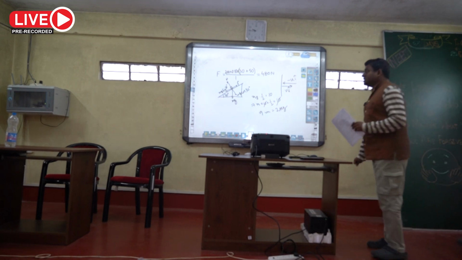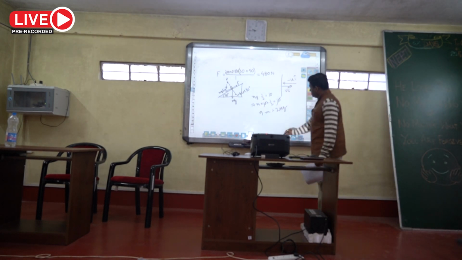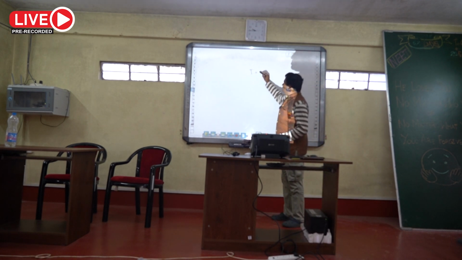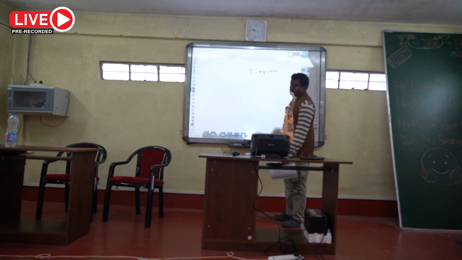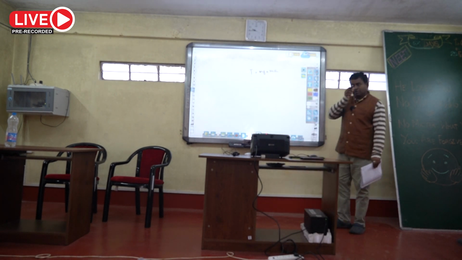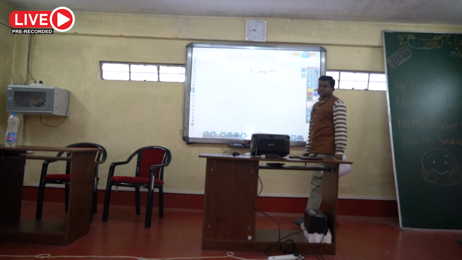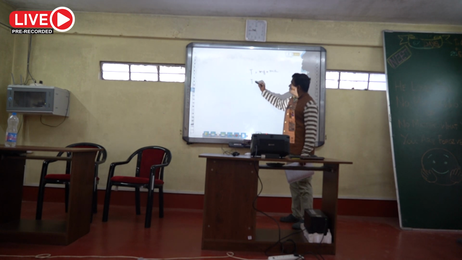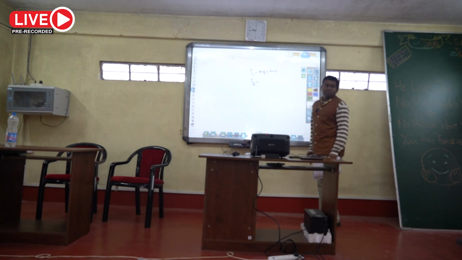When it is lifted up, then tension will be, suppose T1, then it will be mg plus ma. Okay, T will be mg plus ma. And when it is going down, then it is T2. T2 will be mg minus ma.